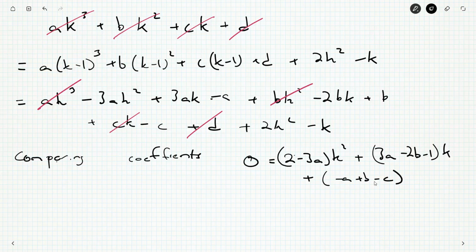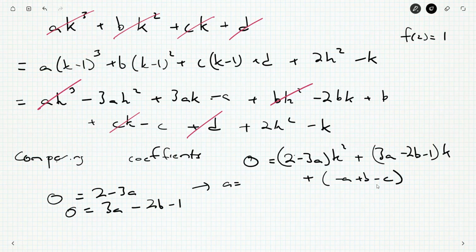We know f of 2 is 1. So that'll help us out. So 0 has got to be 2 minus 3a. 0 has got to be the same as 3a minus 2b minus 1. Well, this first one tells me a is 2/3.